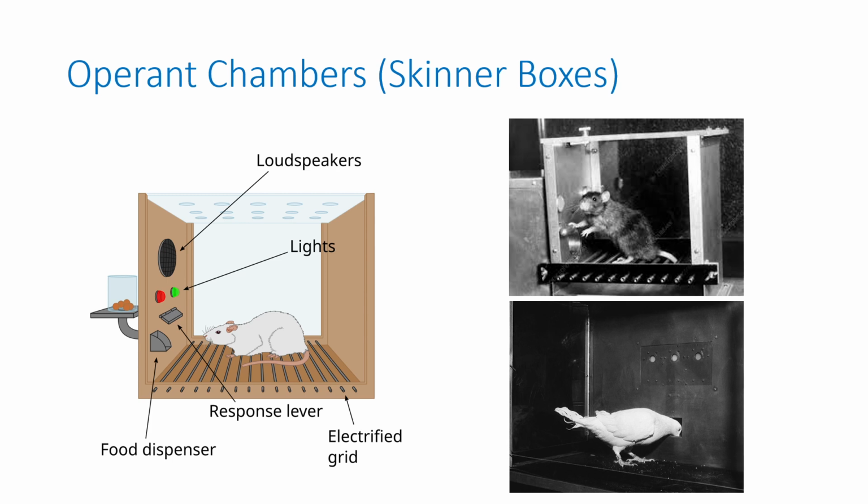In the classic operant chamber, there would be a lever that the rat could press, and if he presses the lever, food would be dispensed for the rat to eat. For the pigeons, there would normally be a disc that they could peck, and if they peck that disc, once again, food would be automatically dispensed.